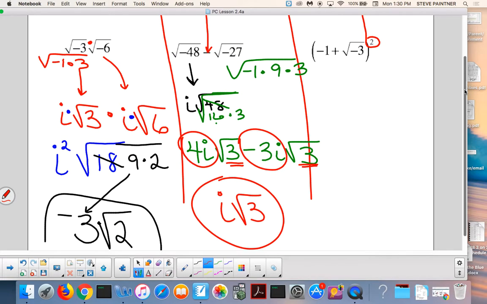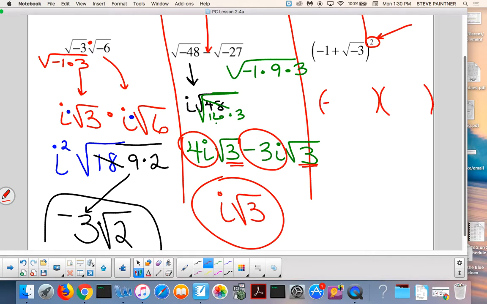That little 2 out there, what's it mean? Andrew, what do you think? That little thing. Square it? Yes. Okay, so what should I write? Make another set of parentheses.